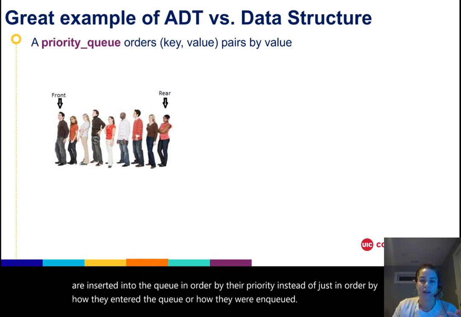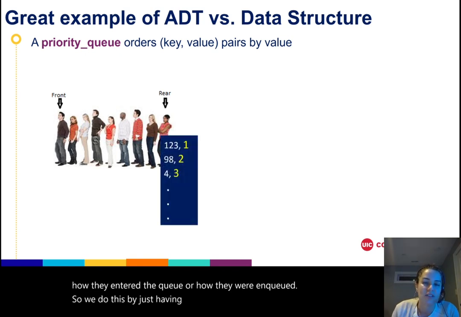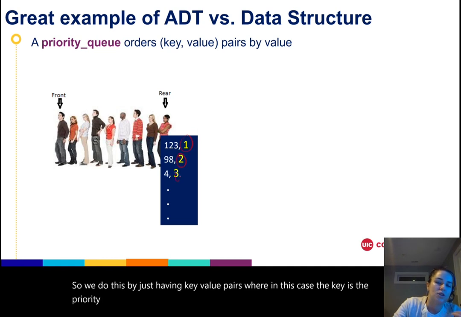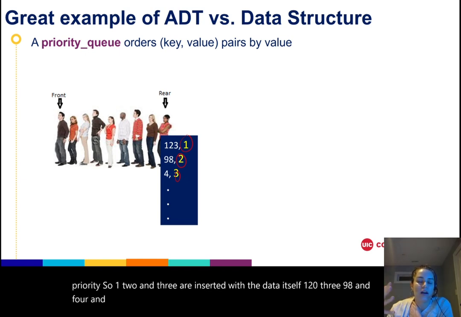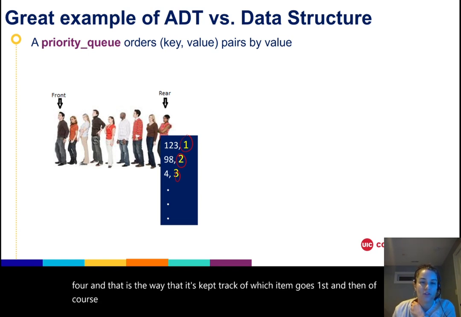So we do this by just having key value pairs, where in this case the key is the priority. So 1, 2, and 3 are inserted with the data itself, 1, 23, 98, and 4. And that is the way that it's kept track of which item goes first. And then, of course, with ties, you have to also consider what happens.